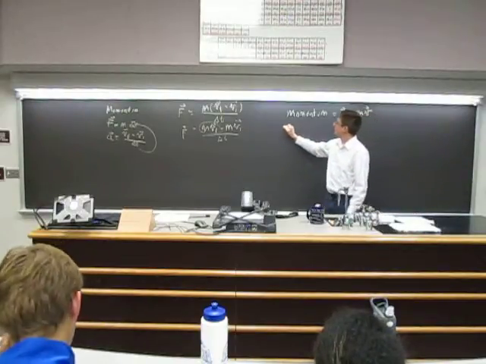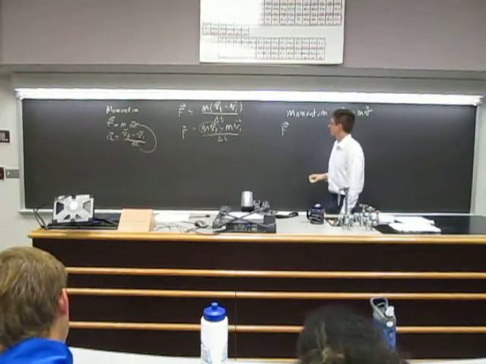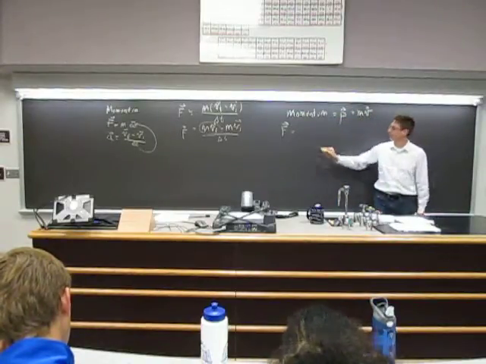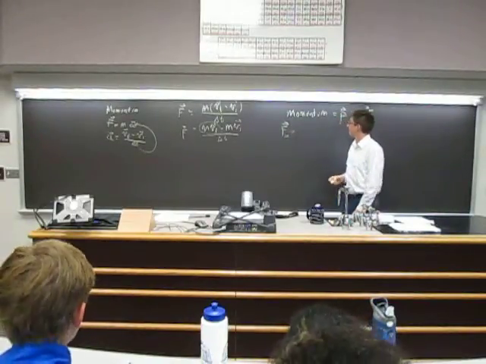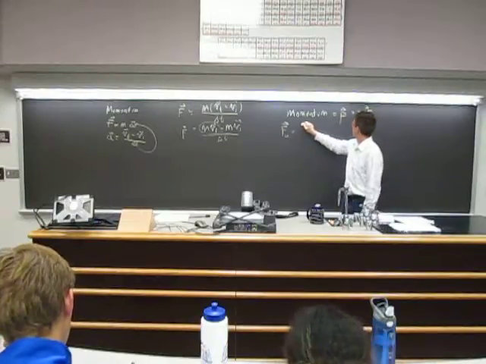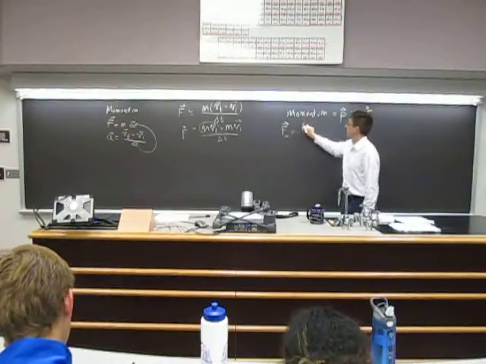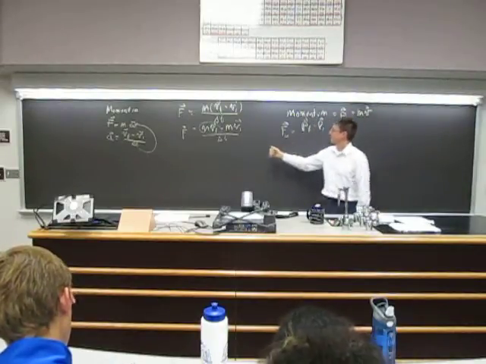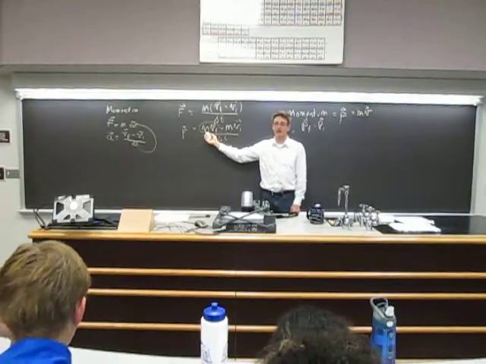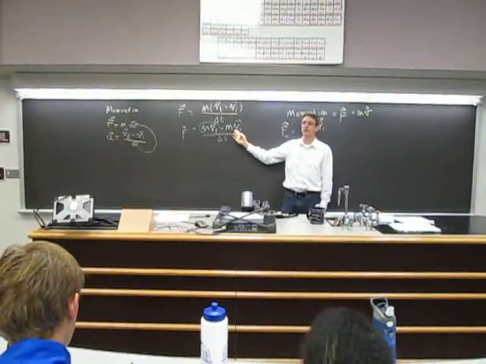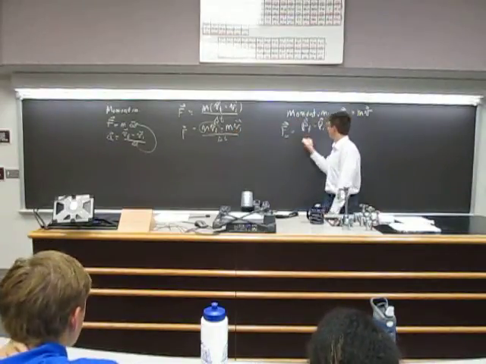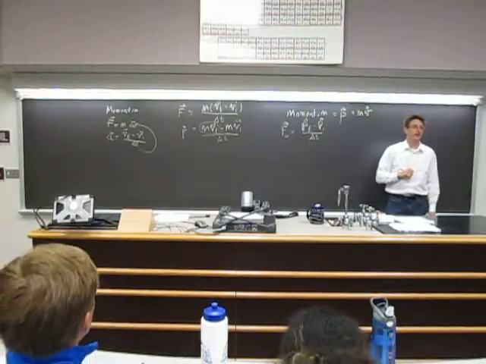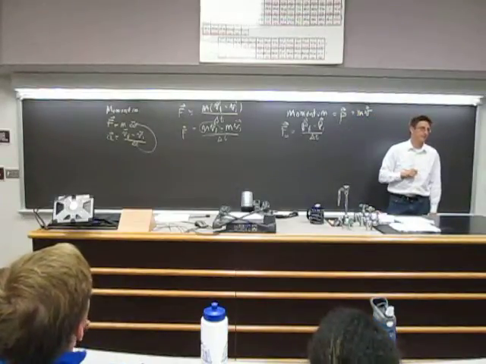And this means that the total force on the object, which can be written as ma, can be rewritten as the final momentum minus the initial momentum, divided by the time it took to go from one state to the other.